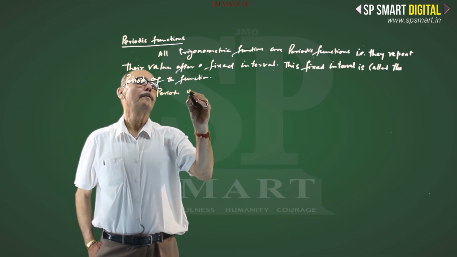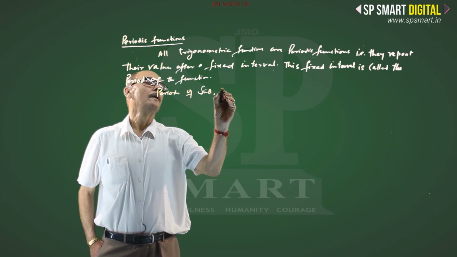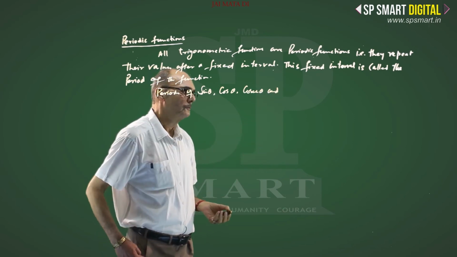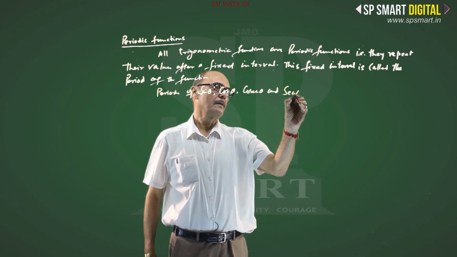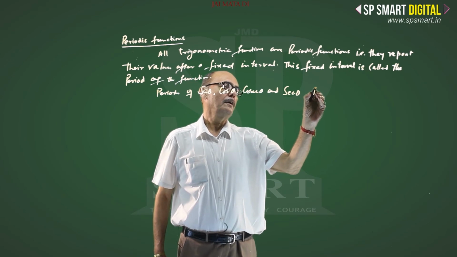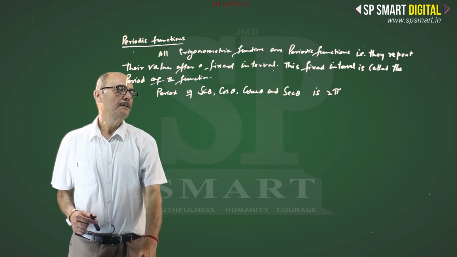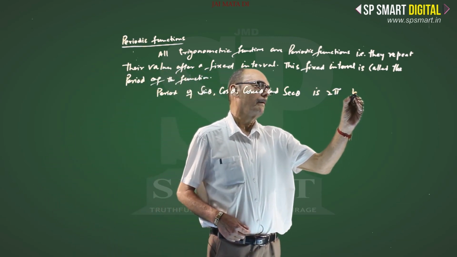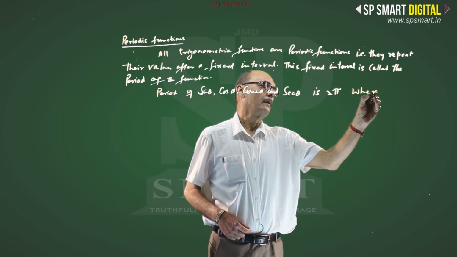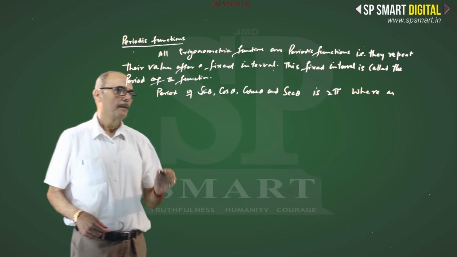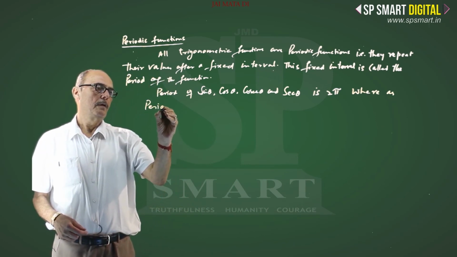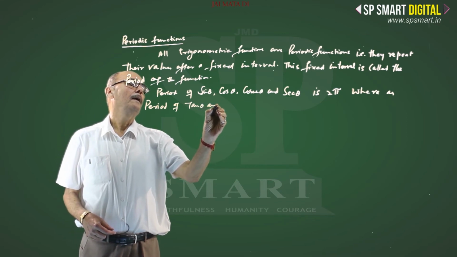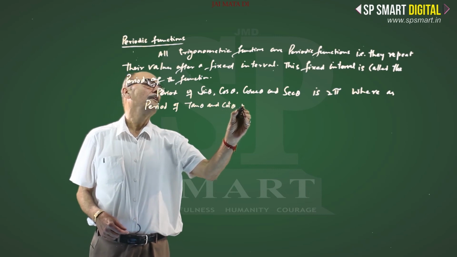Periods of sine theta, cos theta, cosec theta and secant theta is 2 pi, whereas the period of tan theta and cot theta is pi.